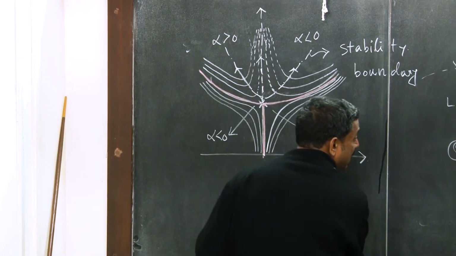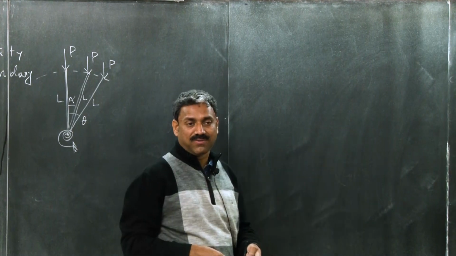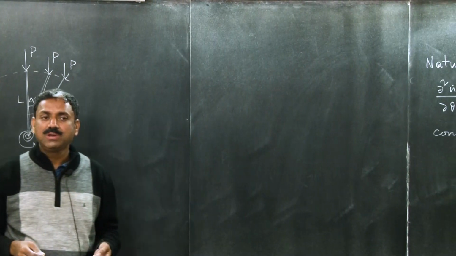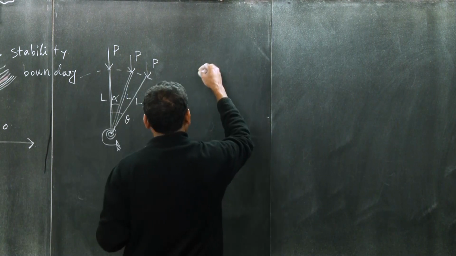So please, I am writing it down here, please note. You have to take different values of alpha and plot. What alpha values will you take? 0.01, 0.02, 0.03, something like that.